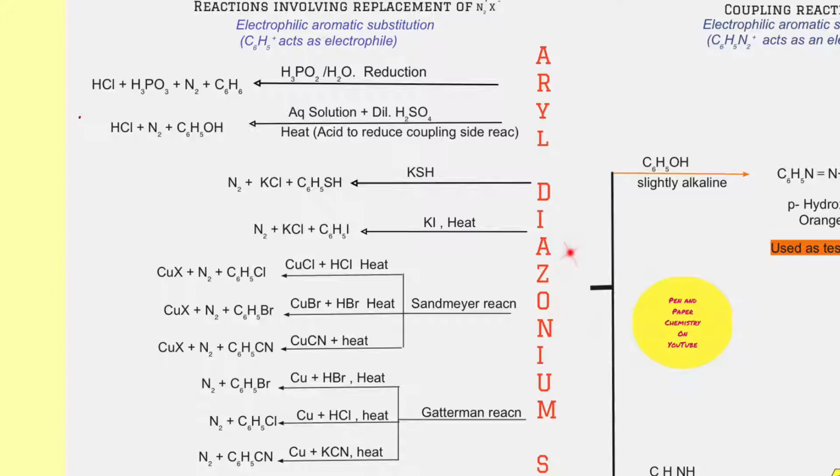So aryl diazonium salt reacted with hypophosphorus acid gives us C6H6, nitrogen, phosphorus acid and HCl. Go on to the next one, converting aryl diazonium salts to phenol. How do you do that? Yes, you again take an aqueous solution, acidify it with dilute H2SO4 and heat it. Simple. Go ahead and write the reactions.